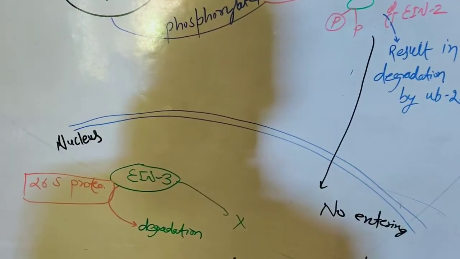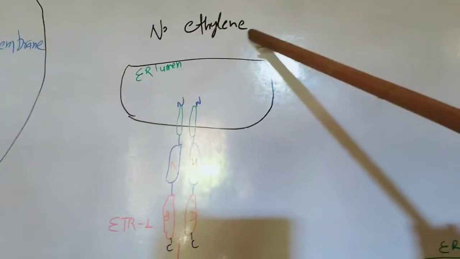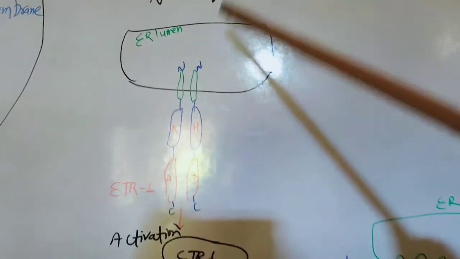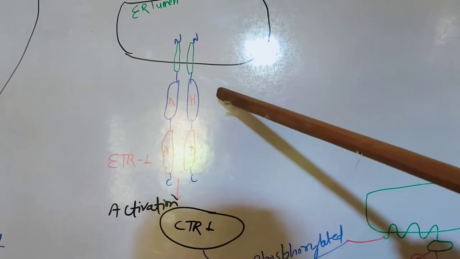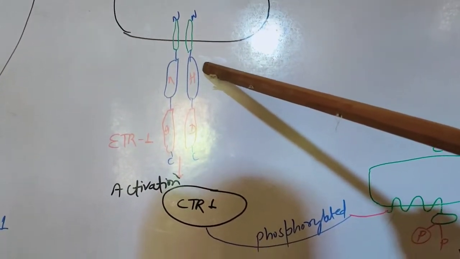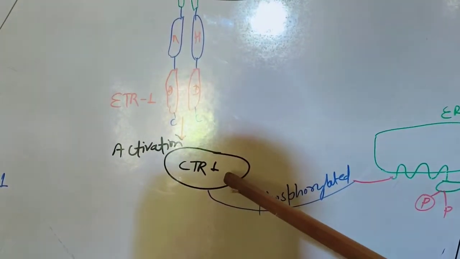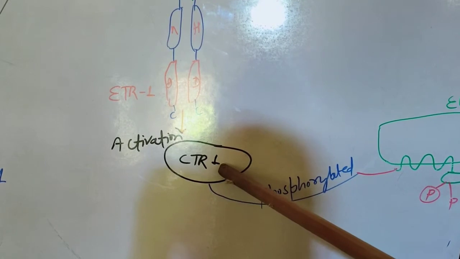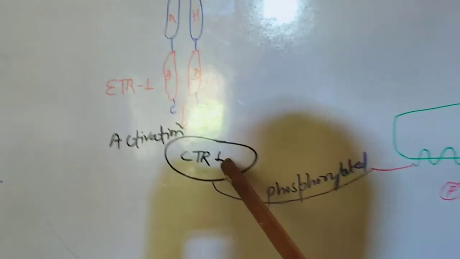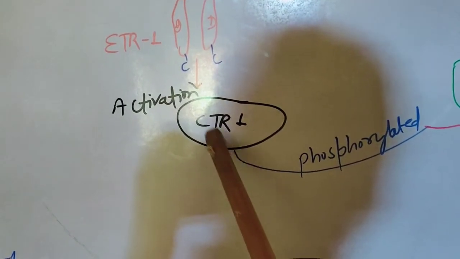So we are going to see what happens if ethylene is present. If ethylene is present, your receptors, which we call negative receptors, will be off. And if your receptor is off, there will be no activation of the serine threonine kinase activity of CTR1, that is constitutive triple response 1.